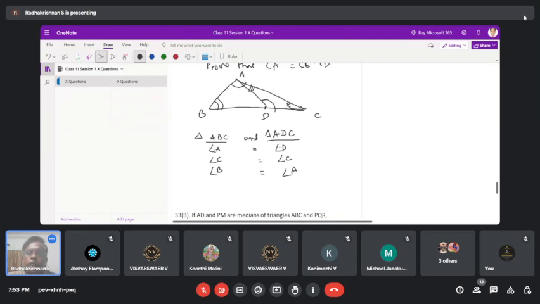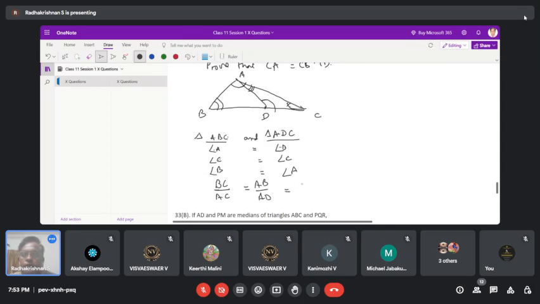If you take angle A, opposite to angle A is BC. The opposite of angle D is AC. Angle D is equal to angle C, so opposite to C is AB in this triangle, and opposite to C is AD in the other.